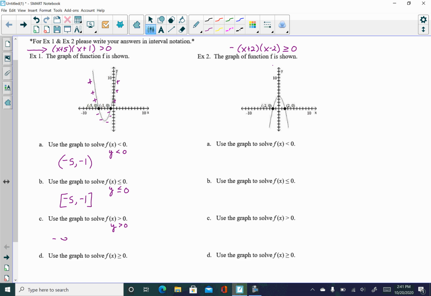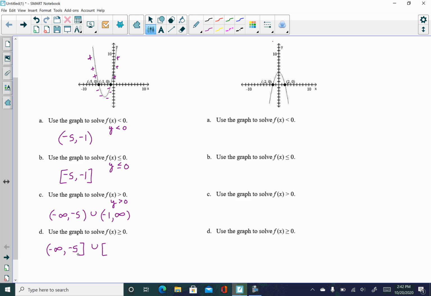Parentheses on both, okay? And then likewise, the only difference in letter D is because here I want to be greater than or equal to 0, I get to put brackets on those x-intercepts. You know we can't on infinities, but we can on the x-intercepts. So it's essentially the same answer, but just put brackets on the -5 and -1, okay?